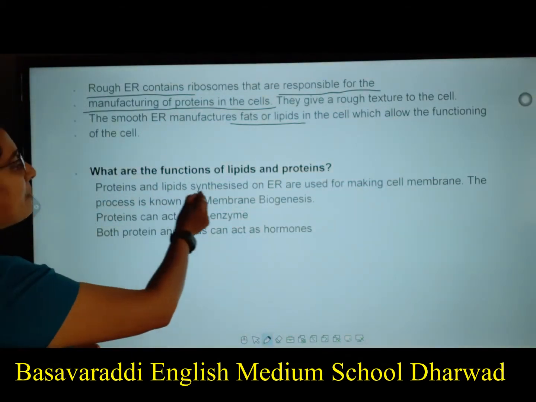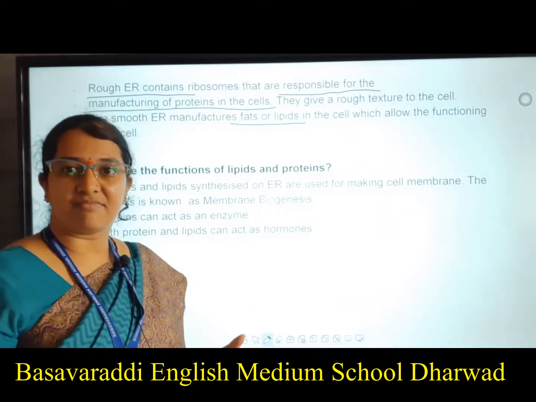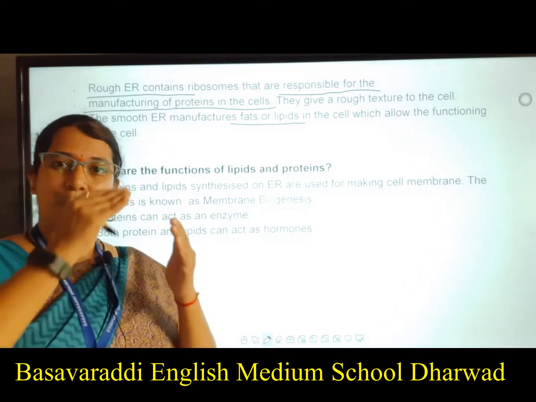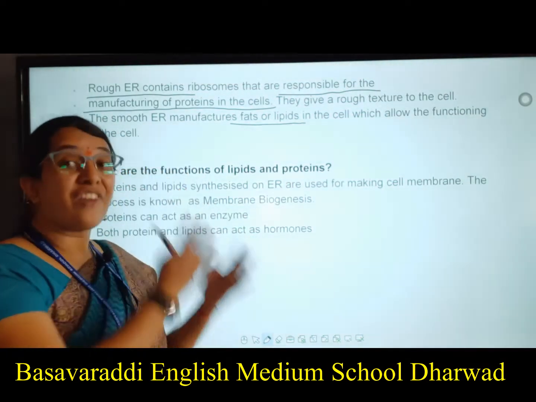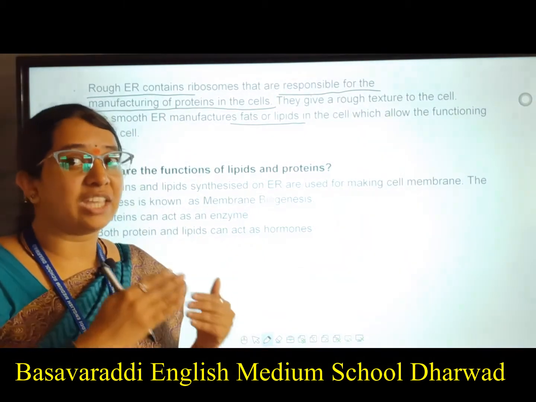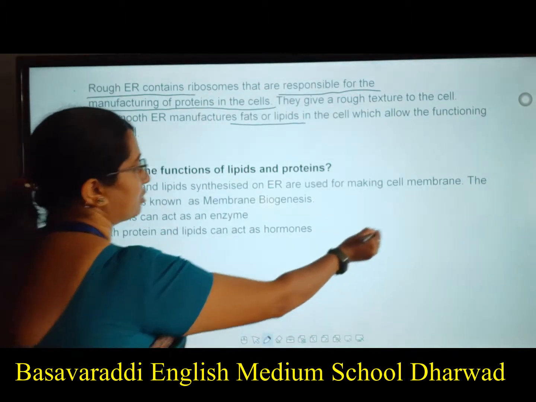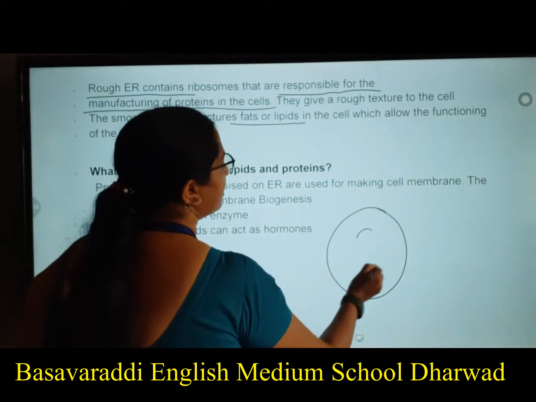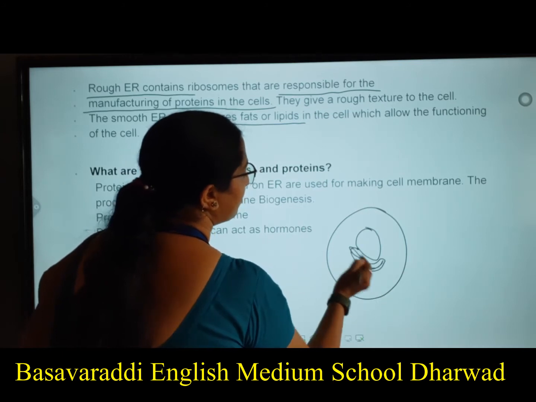Proteins and lipids synthesized on the ER are used for making the cell membrane. Whatever proteins, lipids or fats are synthesized on the ER are sent to the boundary. If this is your cell and this is your nucleus, you have your endoplasmic reticulum here.